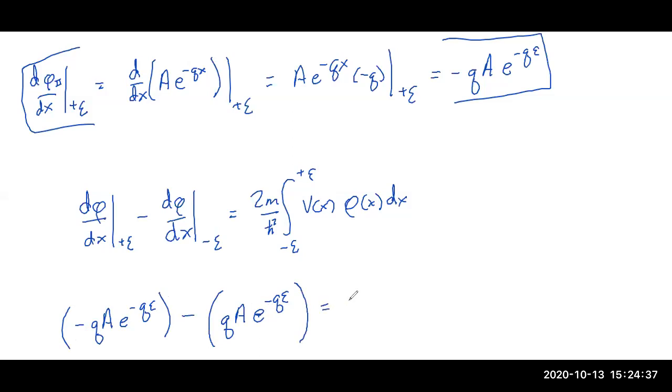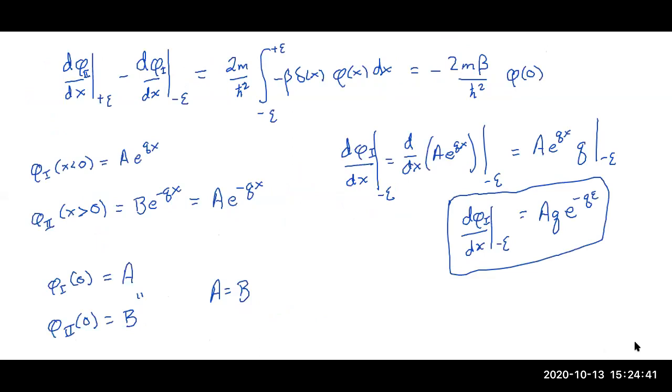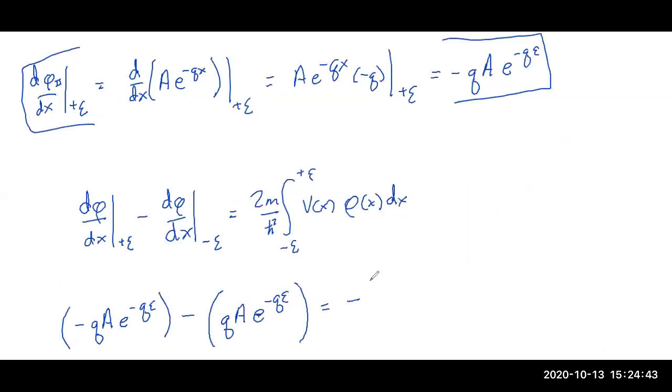And this is equal to minus 2m beta over h bar squared, phi of x at 0. So phi of 0. But phi of 0, remember, this is just equal to a times e to the 0, which is just 1.